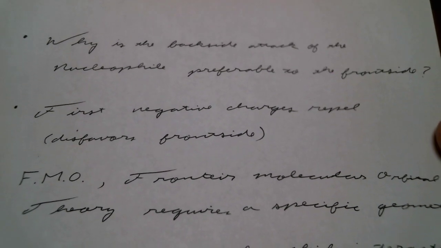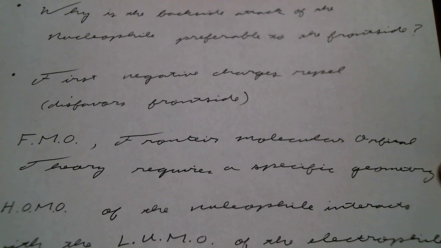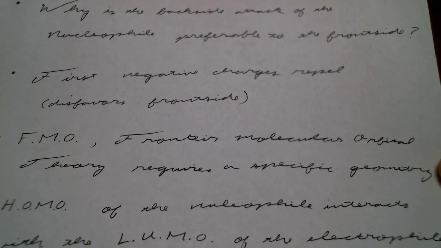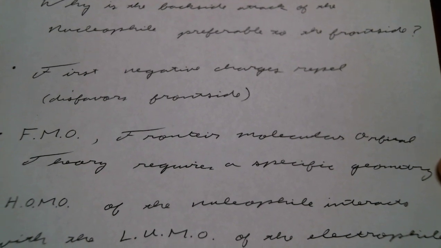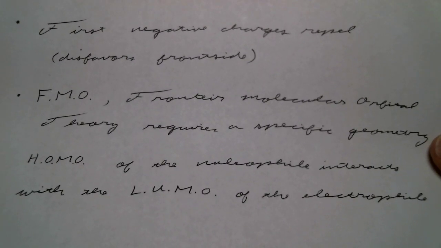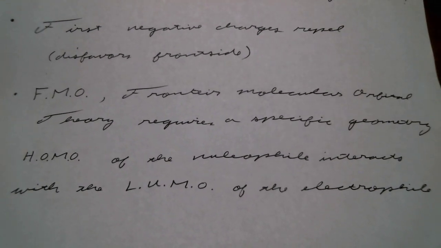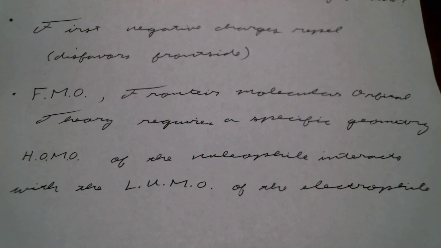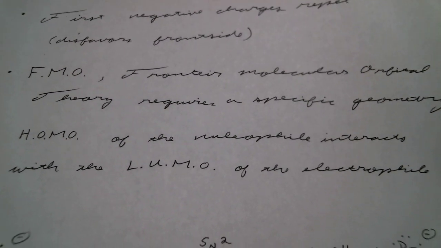Again, frontier molecular orbital theory says we require a specific geometry for a low energy reaction to occur with more optimal orbital overlap. And so the highest occupied molecular orbital of the nucleophile interacts with the lowest unoccupied molecular orbital of the electrophile. That overlap is a little better in the backside attack paradigm.